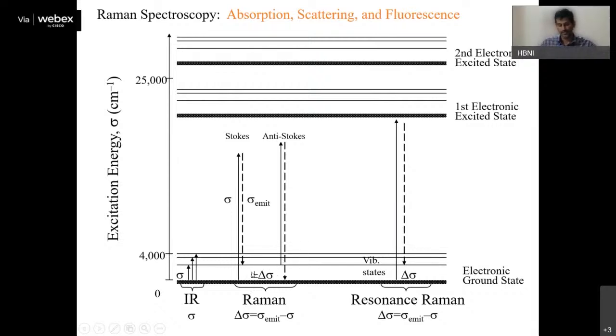But as we know, when the system is in equilibrium at any temperature, the population of the ground state is more, so you get a higher intensity in the case of Stokes compared to anti-Stokes. And if this intermediate state coincides with the electronic excitation, then you get a resonance, and the scattered intensity enhances manifold.